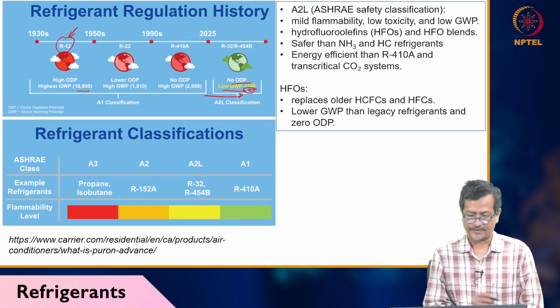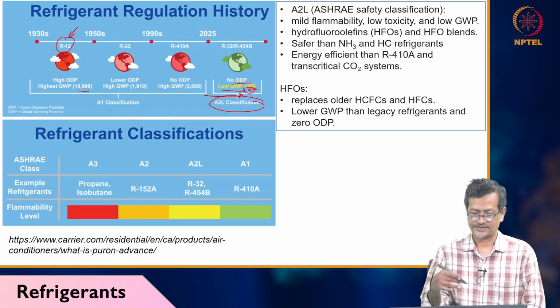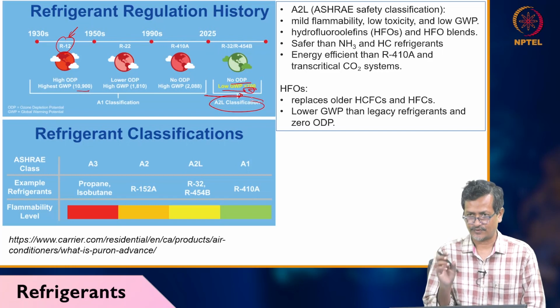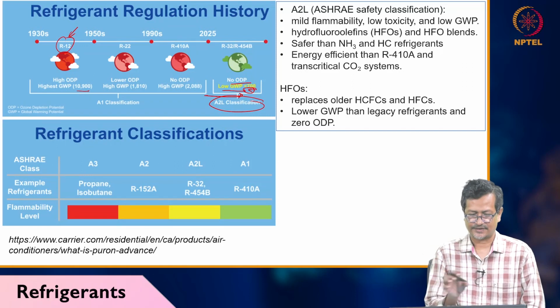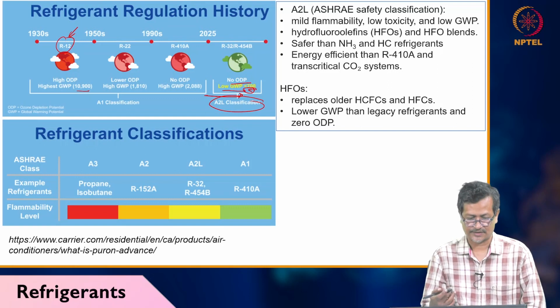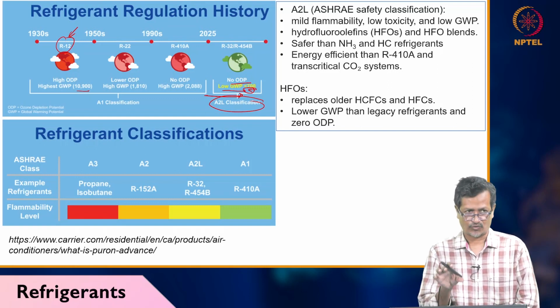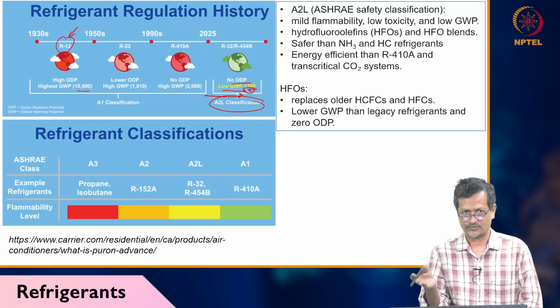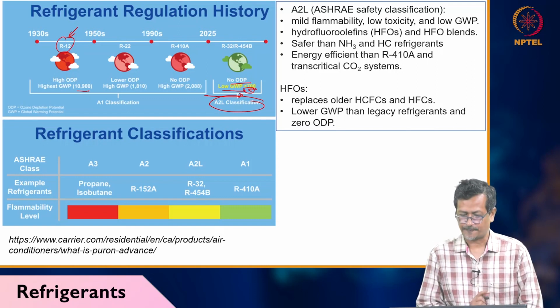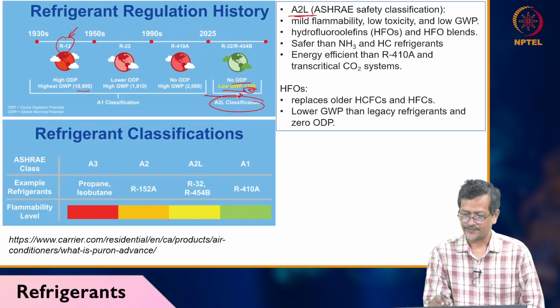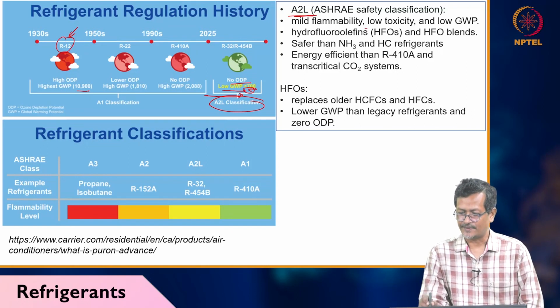This comes under ASHRAE's classification, A to L. They have one document, the 34 specification, where they have specified the greenhouse potential and ozone depletion potential, GWP and ODP, for refrigerants. Which refrigerant has higher potential and which has lower is in their document. So, A to L: mild flammability, low toxicity, low GWP, hydrofluoroolefin HFO blends, safer than ammonia.